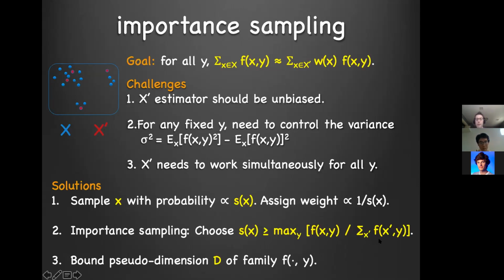So to evaluate this for a single point is basically as bad as our original problem. So you cannot do this accurately. But it's enough to get this to work to have s of x be an upper bound for the sensitivity, and then use those s of x as your probabilities. And it turns out that the size of your core set will depend on these s's. So you could always choose a really crappy one by just having s be really big, and then you would satisfy this condition, but you would just have a big core set.